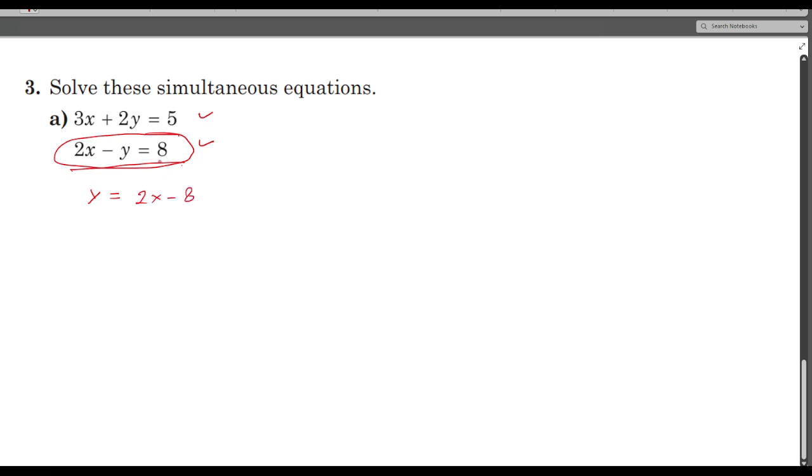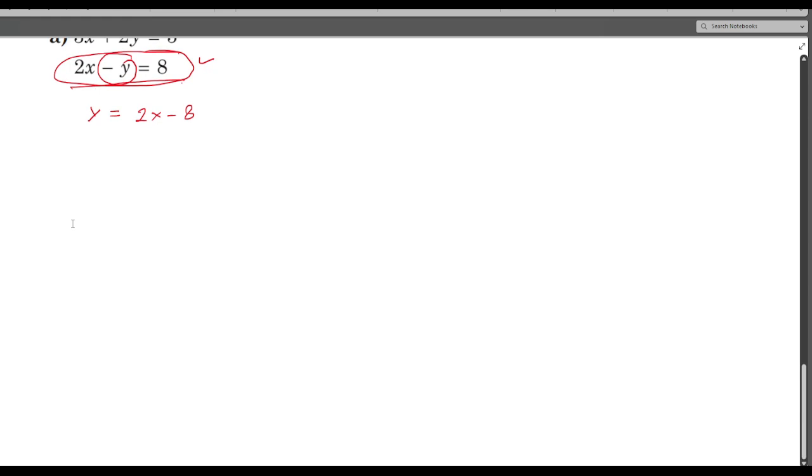Here we transformed minus y from left to right, so it becomes plus y, and the 8 from right to left, so it becomes 2x minus 8. If you are still facing difficulty in this transformation, you should revise question number 1 type questions, a few more questions of that kind.